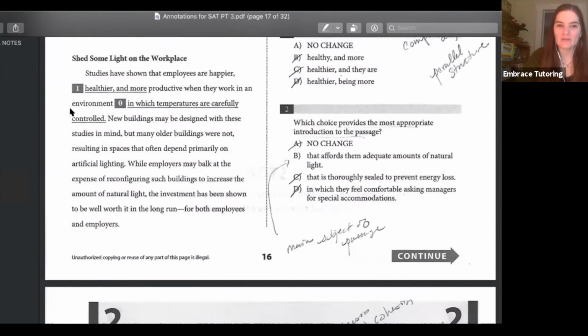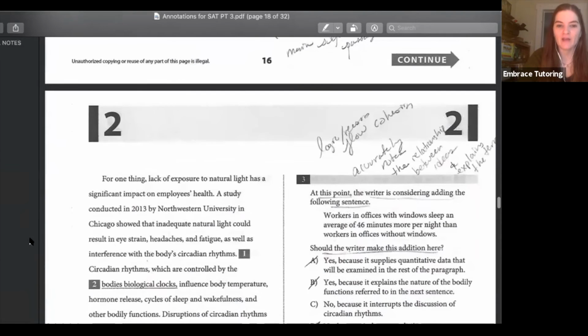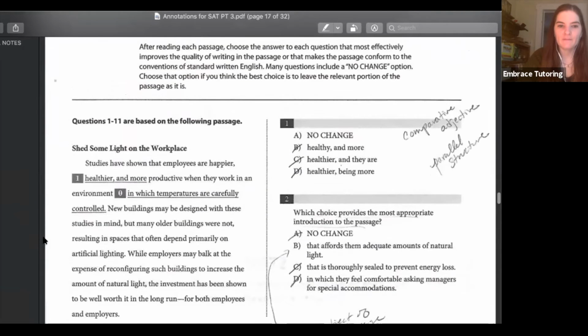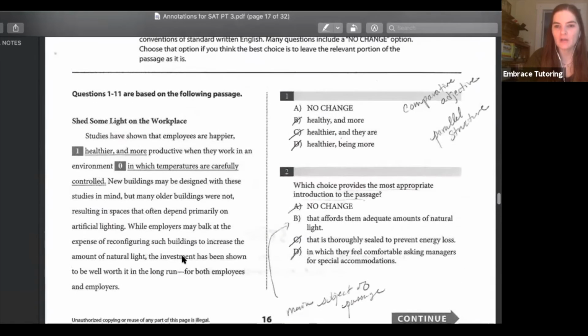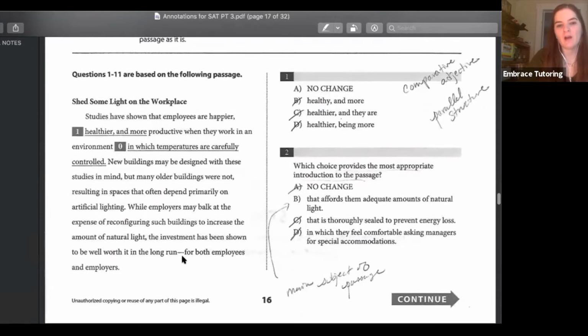So you need to look at this first sentence and the broader context of the rest of this paragraph, and what the next body paragraphs are really going to be talking about, so that you can figure out how to answer. So you can really eliminate C, and then we don't really get much evidence of D. So in which they feel comfortable asking managers for special accommodations.